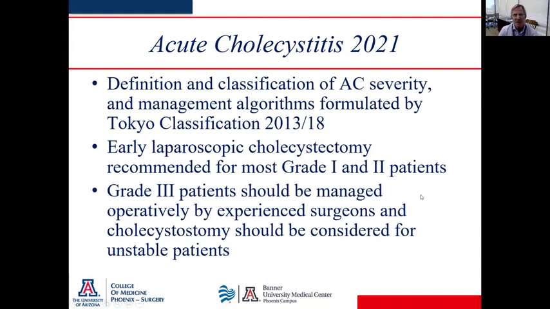Those patients with severe acute cholecystitis and some measure of organ dysfunction, those who are grade 3 by the definition system, should be managed operatively by experienced surgeons, or those patients who are really ill should undergo cholecystostomy, especially when they are unstable. And subsequent cholecystectomy will be dictated by the condition of the patient, him or herself.